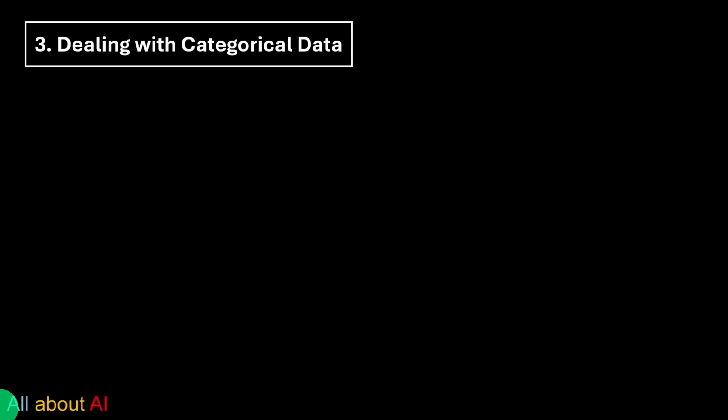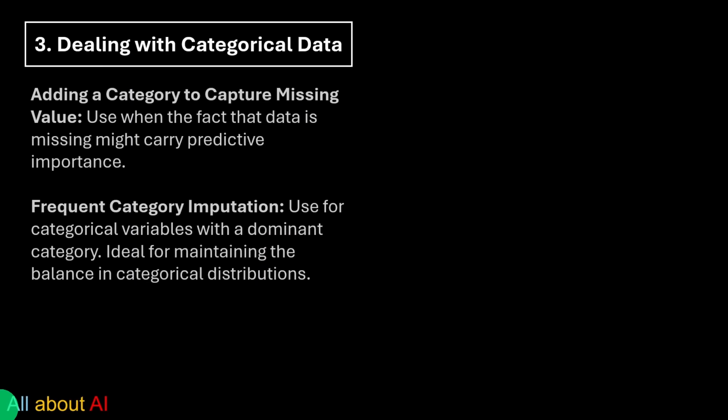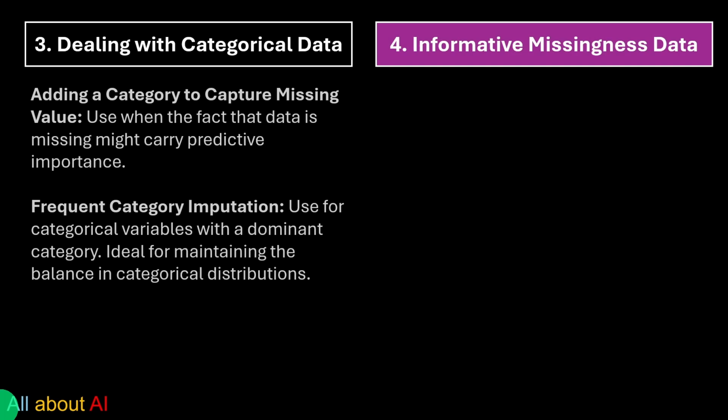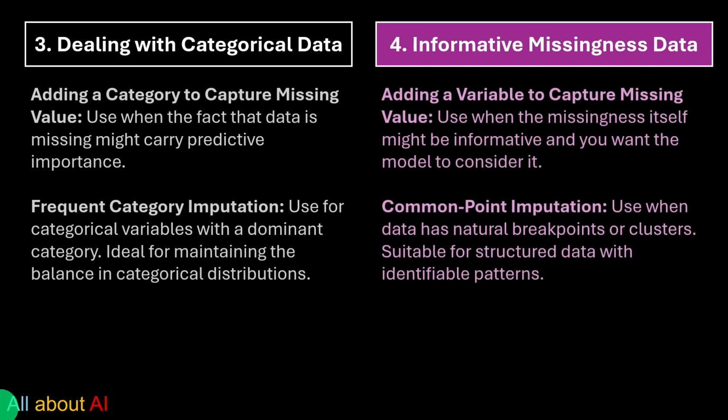When we are dealing with categorical data, we can use adding a category to capture missing values, or frequent category imputation. If the dataset has informative missingness, we can use a variable to capture missing values, or you can use common point imputation.